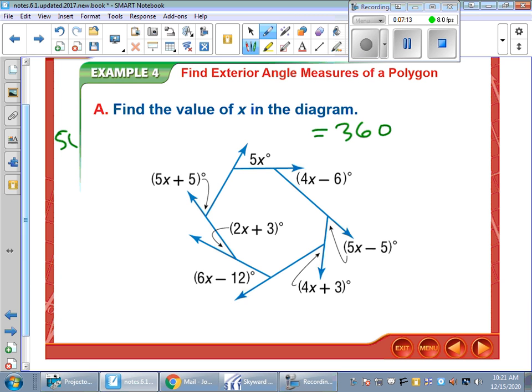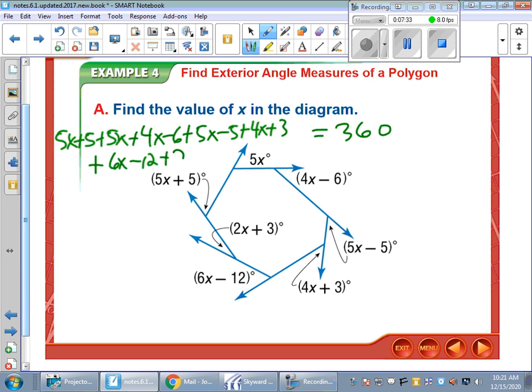So 5x plus 5 plus 5x plus 4x minus 6 plus 5x minus 5 plus 4x plus 3, I'm running out of room here, plus 6x minus 12 plus 2x plus 3. So you're going to add all those up. You're going to combine your like terms, combine your other values.